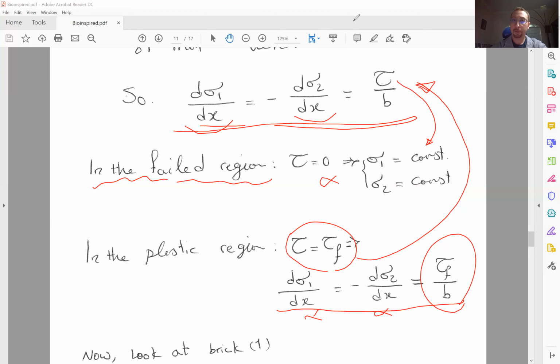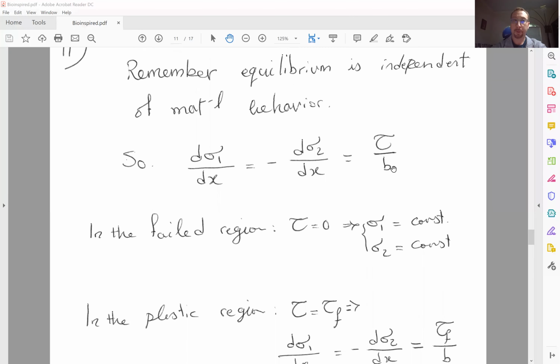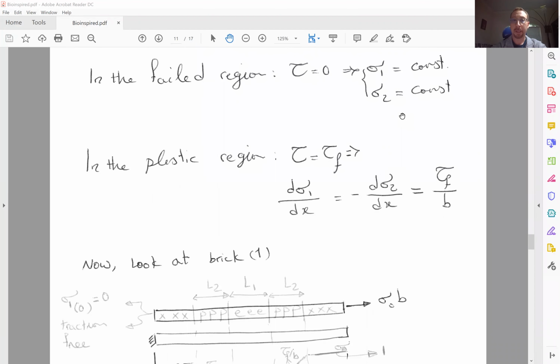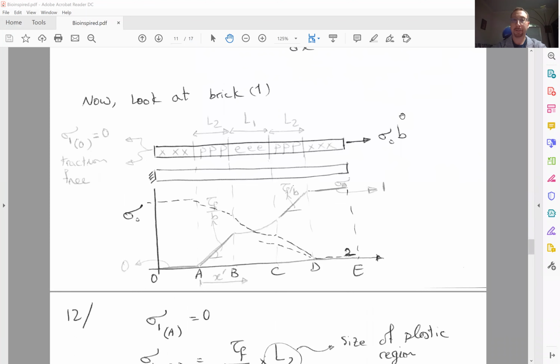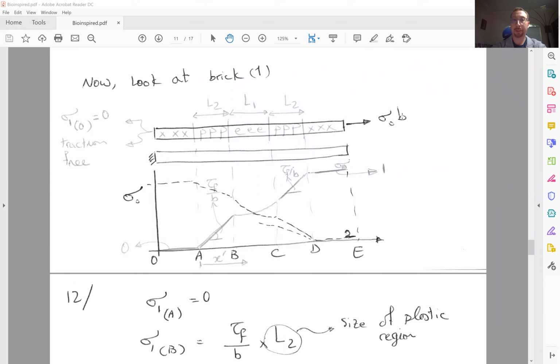So we're on page 11 of the handout. Again, let's look back at what we said before. This is going to be a qualitative and quantitative understanding.